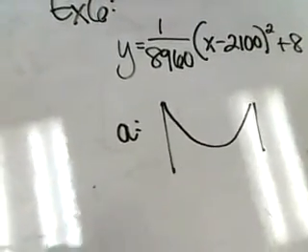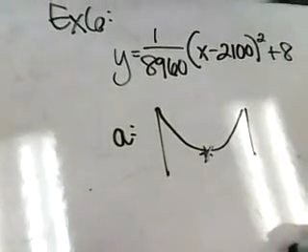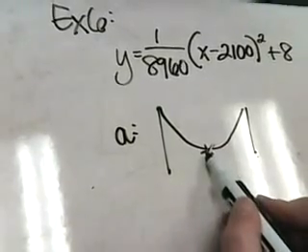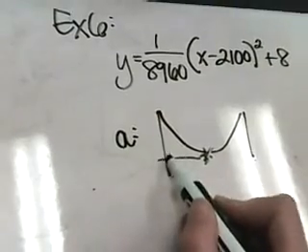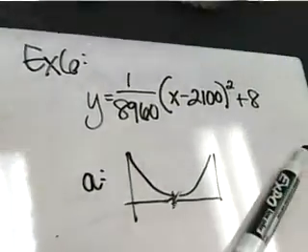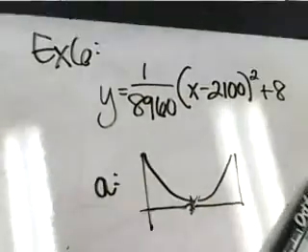Where is the vertex at? Vertex is smack dab in the middle. Well, if it's smack dab in the middle of those 2 towers, if I found my vertex, then I would know this distance. So then I could double it and find the whole distance. Okay?